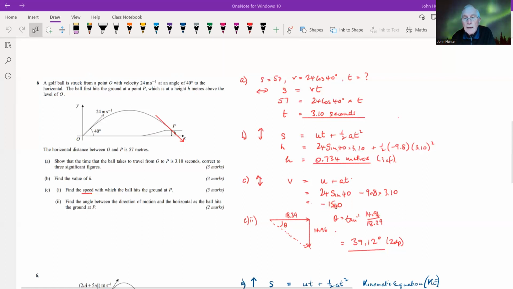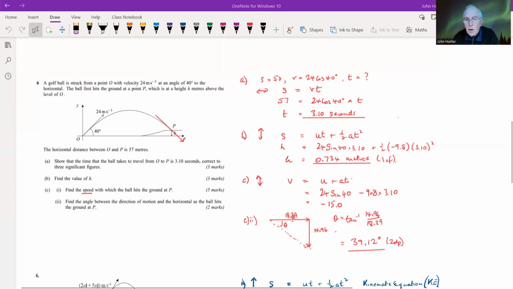So we know that. We do also know the horizontal part of this, because it's the velocity it started off with. It doesn't change. There's no other forces. We're assuming there's no air resistance or wind or anything else. So it's basically the velocity with which it started, which is 18.39.